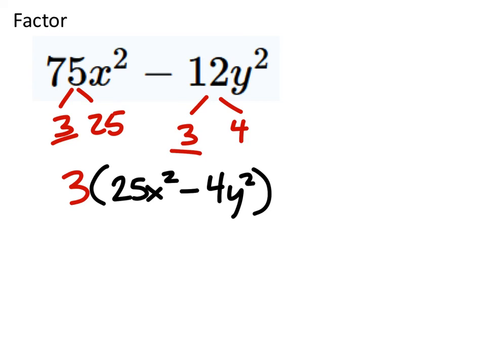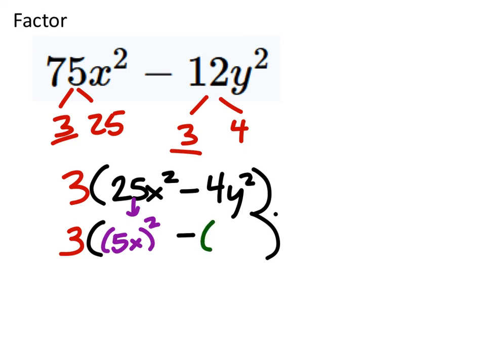Okay. So let's just identify this. Still got the 3 there, and we'll still have minus between these. But 25 would split up into 5 and 5, x squared, x and x. So it's really just 5x squared. And then 4 would split up into 2, and the y into y, but we would have to square that as well.